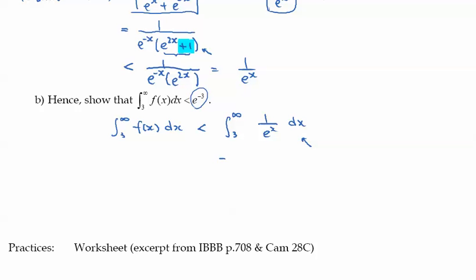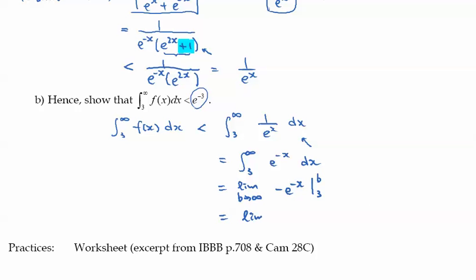So as I continue integrating this, seeing how we have an e to the negative x, I can integrate this to something like this. From 3 to infinity, or since this is an improper integral, I need a limit.